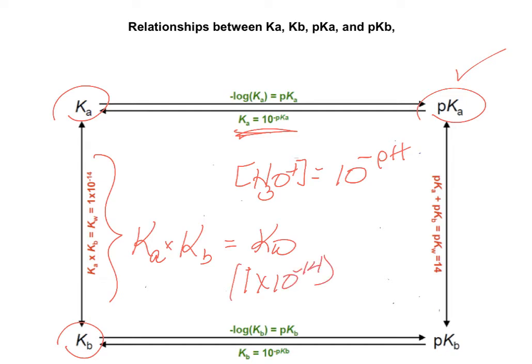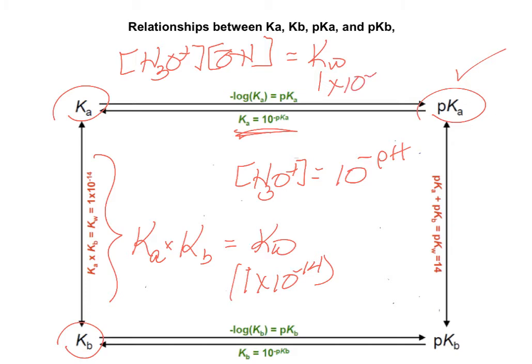Do you remember that the concentration of hydronium ion times the concentration of hydroxide ion also equals Kw, or 1 times 10 to the minus 14 if it's room temperature, 25 degrees? And also, similar to pOH plus pH, pKa plus pKb equals 14, just like pH plus pOH equals 14.